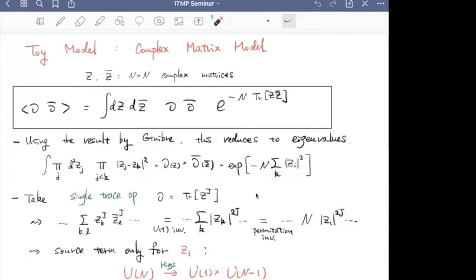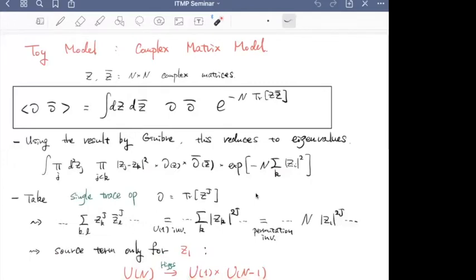So this is what I wrote here. But the important point is that this source term is only for Z_1, which basically means that it gives a VEV only to Z_1, but treats the other eigenvalues on the same footing. So this suggests that in this case, the U(N) symmetry gets Higgsed down to U(1) times U(N-1).